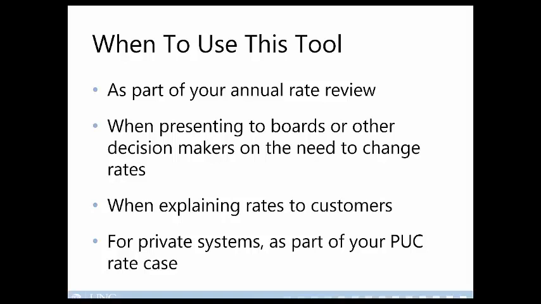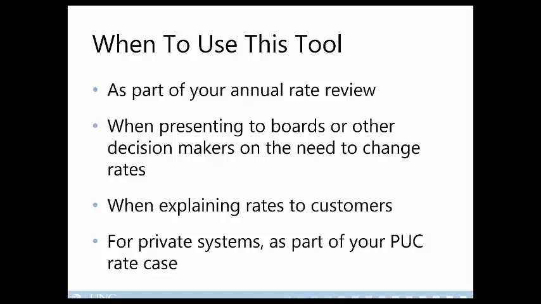And we hear often from water systems, this is the first year we've done the dashboard in Hawaii, but we have done these tools in about a dozen other states, and the oldest one in North Carolina is about 10 years old now. So we've had a lot of experience in other parts of the country of using these tools. And so I think for systems in Hawaii, what we've seen in other states is that a system will use this as part of that annual rate review that they do.